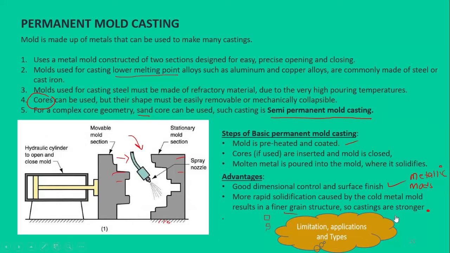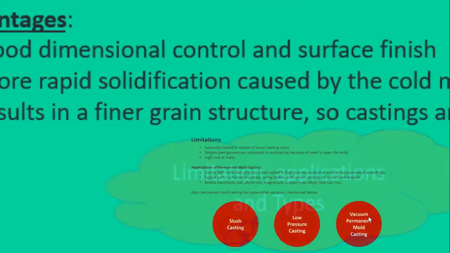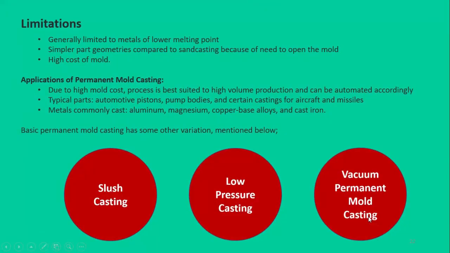So if you see some limitations of this permanent mold casting, although there are some advantages, there are some limitations to this. It is generally limited to metals of low melting point, as we discussed earlier, because the mold is made up of a metal itself, either cast iron or steels.